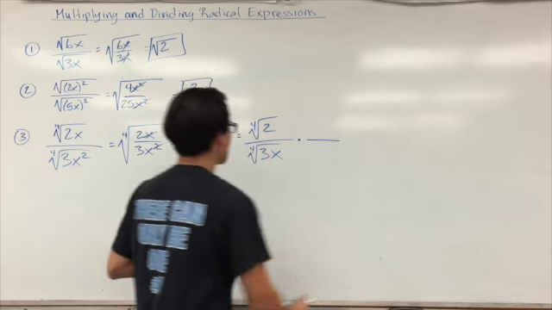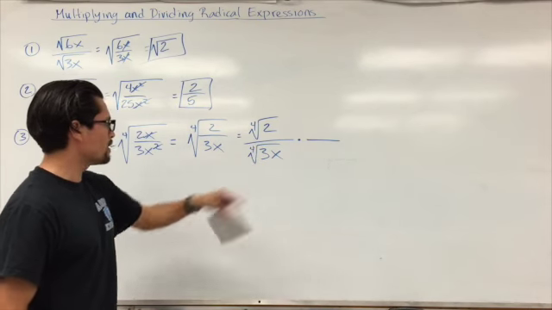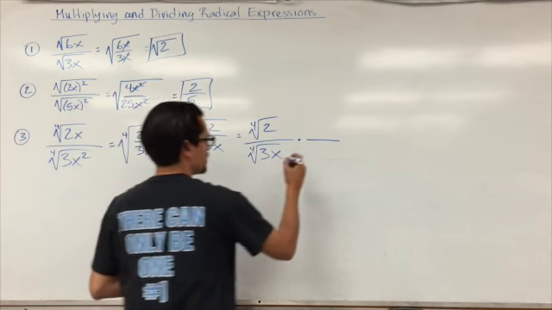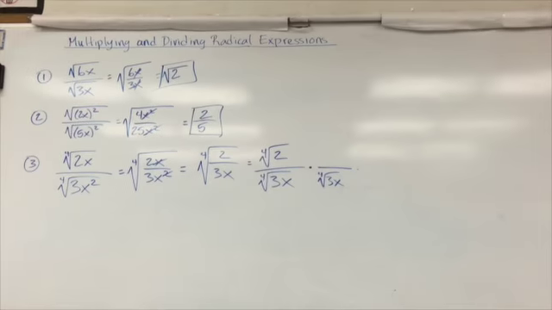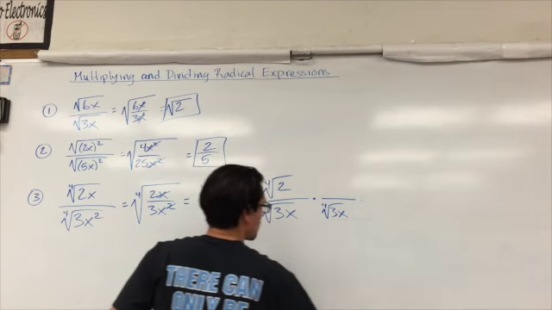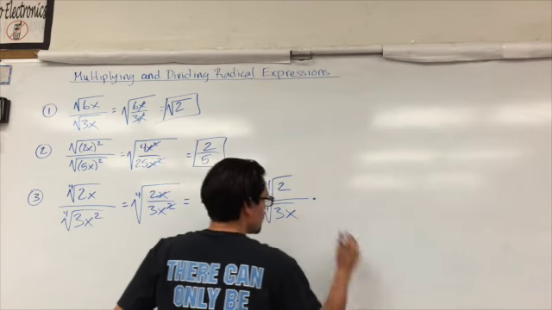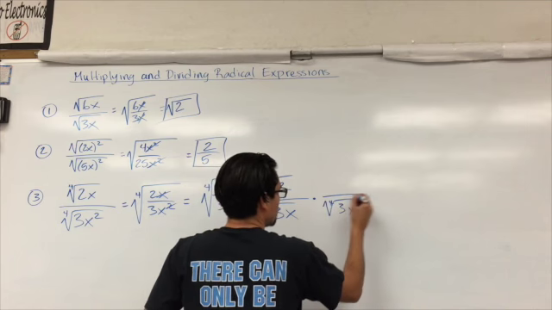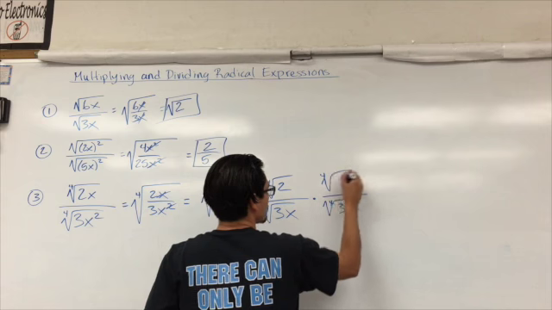What must I multiply by so that I can get rid of this denominator, the 4th root of 3x? You got to multiply by the 4th root of 3x.